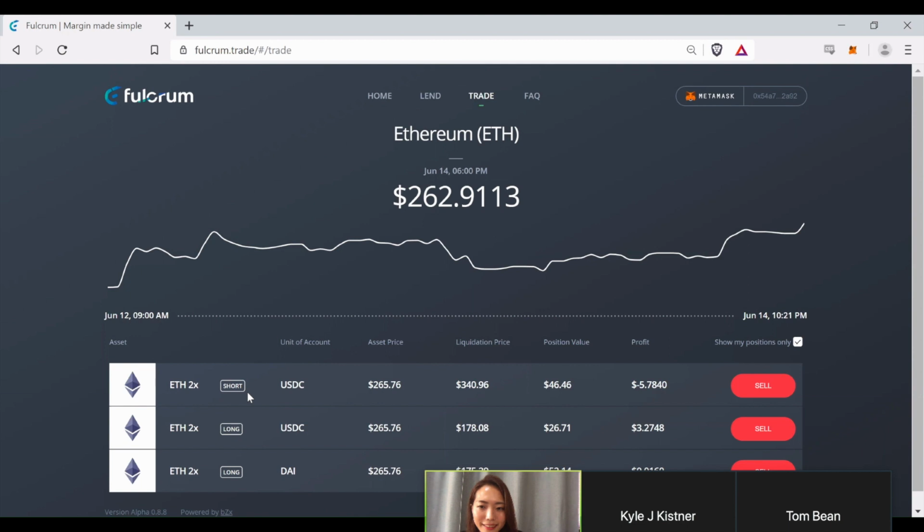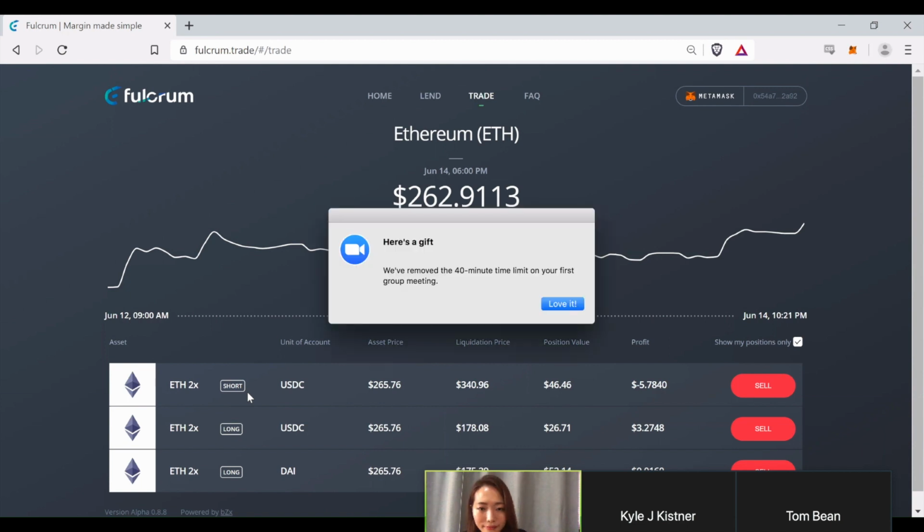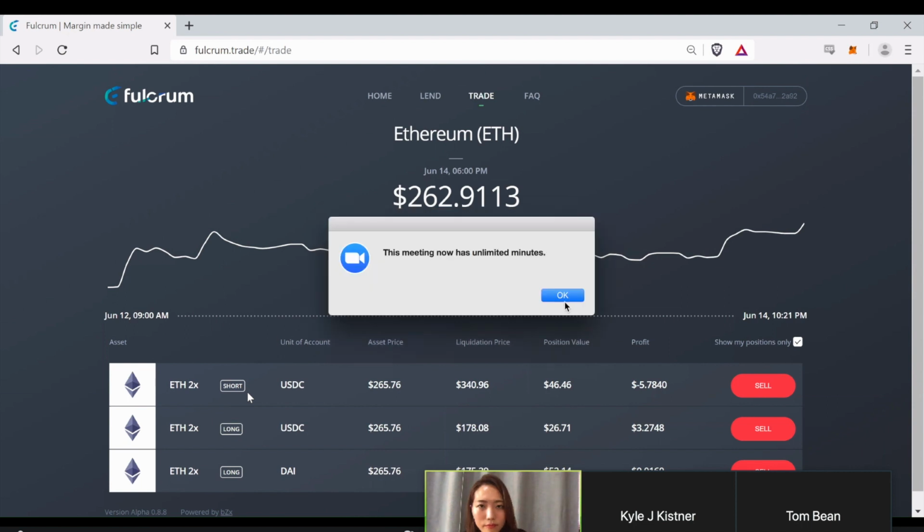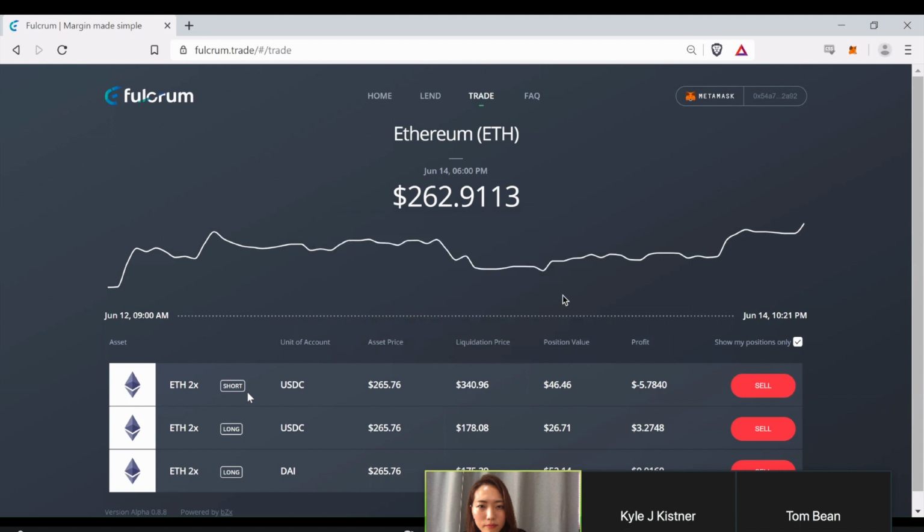Cool. Awesome. What role does Kyber play in fulfilling the function of Fulcrum besides the price feed? When you trade into a position, first, behind the scenes, it's borrowed from an iToken pool. Then we use Kyber to take those borrowed assets and change them into the trade asset.